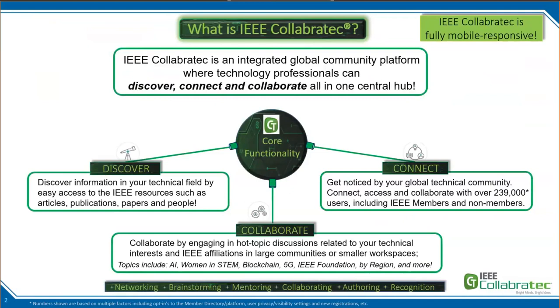You can connect with over 200,000 technical peers, including IEEE members and non-members. And you can collaborate in workspaces and communities related to technical topics such as artificial intelligence, blockchain, 5G, or important subjects like women in STEM or the IEEE Foundation work.